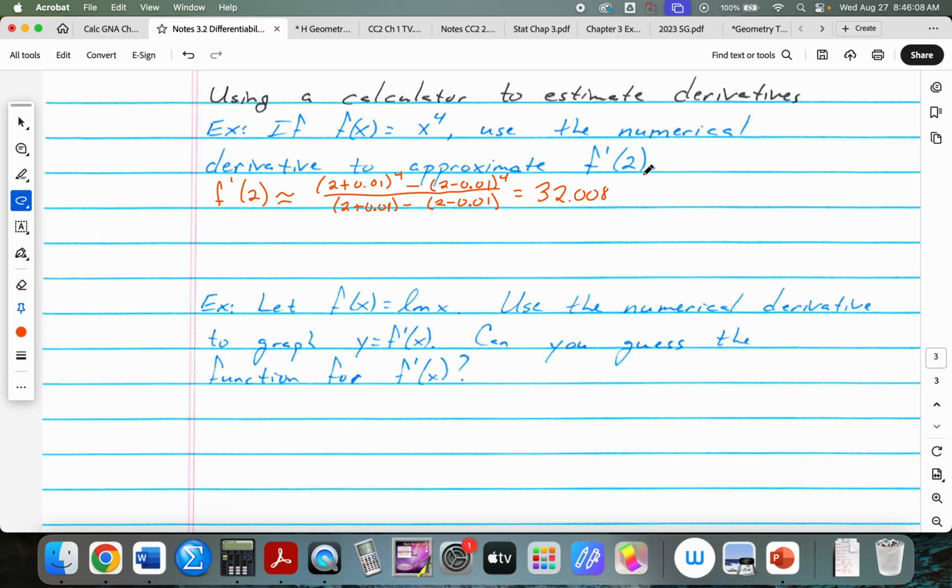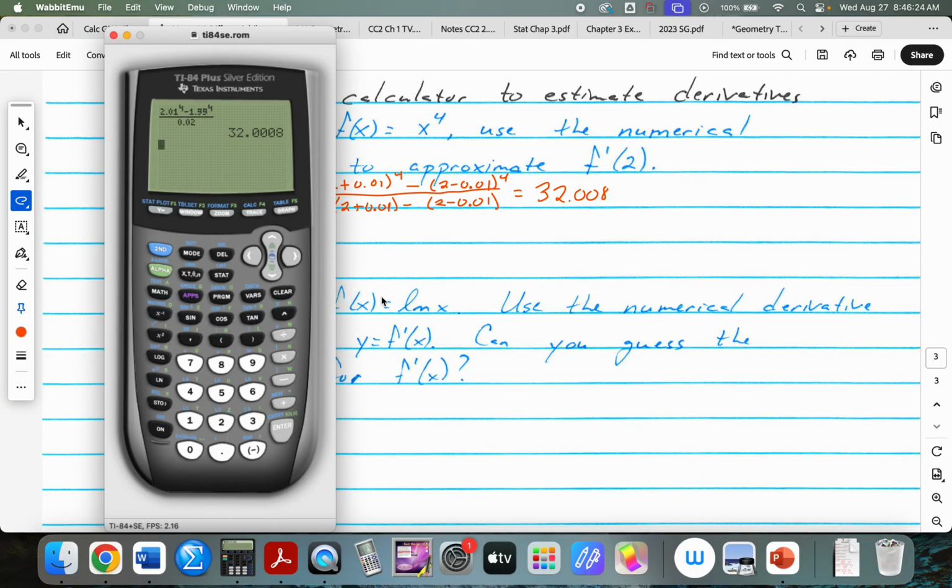Now, your calculator actually has this built into it, so you don't have to remember the symmetric difference quotient, nor do you have to go, I wonder which h I should use. So on your calculator, this is the second thing that you're expected to be able to do with a calculator on the AP exam. The first one is be able to get a graph in an appropriate viewing window. Everyone can graph.